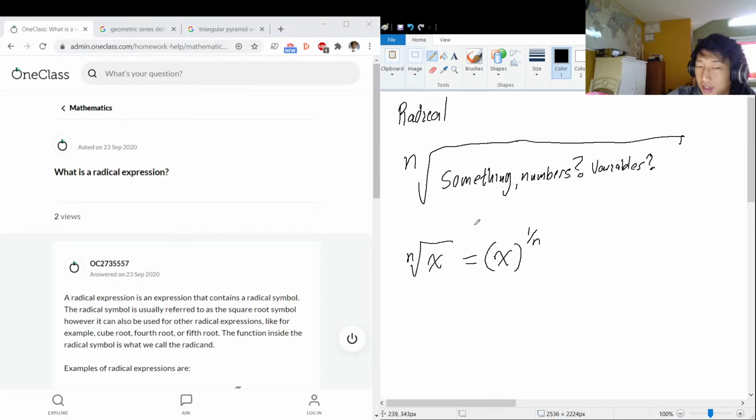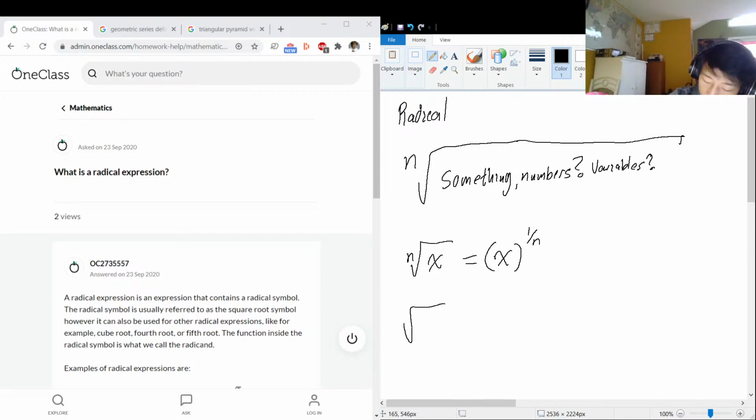And typically these will be easier to deal with in math. It'll be easier to type these into your calculator. You don't need to make sure what's under the root and what's not under the root. If you do it like this, everything under the root you just put in brackets, and you raise everything between the brackets up to the power of 1 over whatever value is here.